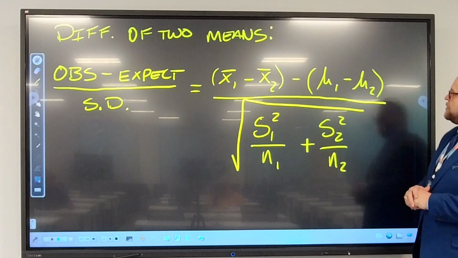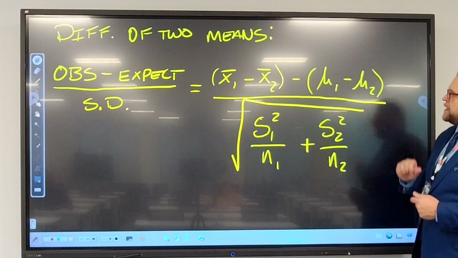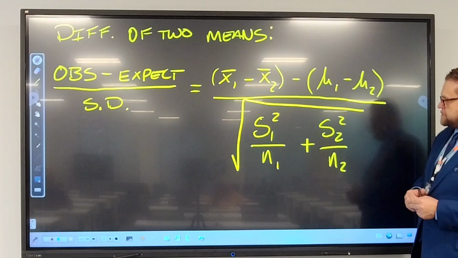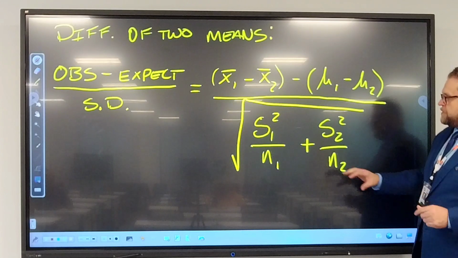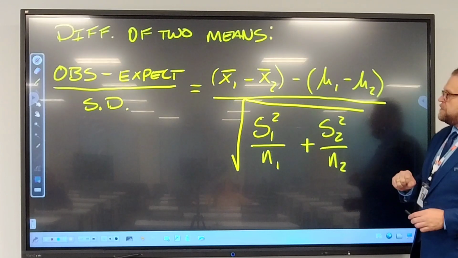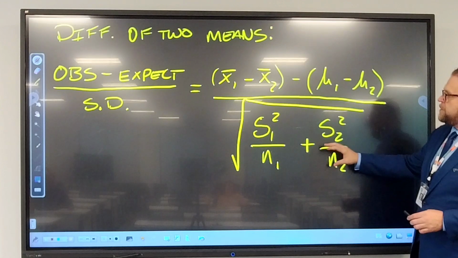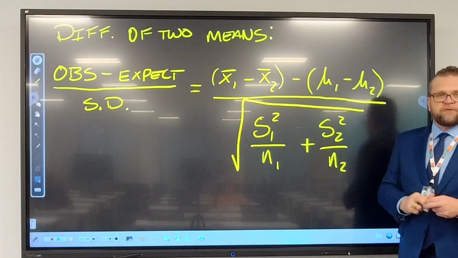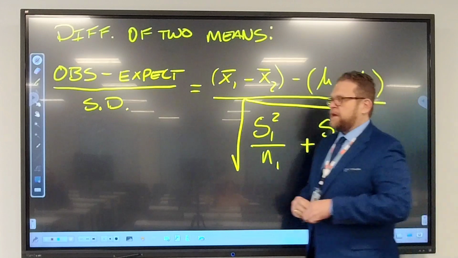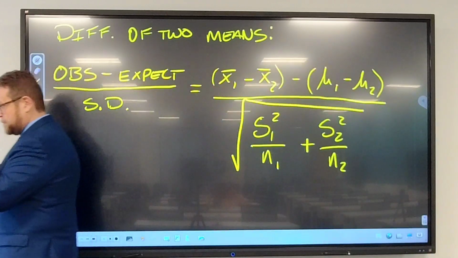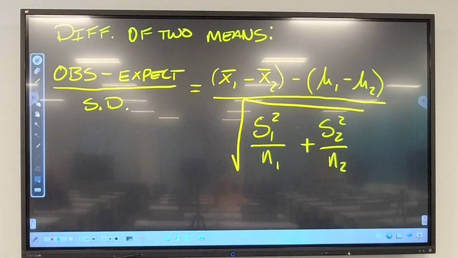Now, if this looks complicated, you ain't seen nothing yet. Because we would have to have a degrees of freedom associated with this. And the degrees of freedom was just n minus 1.